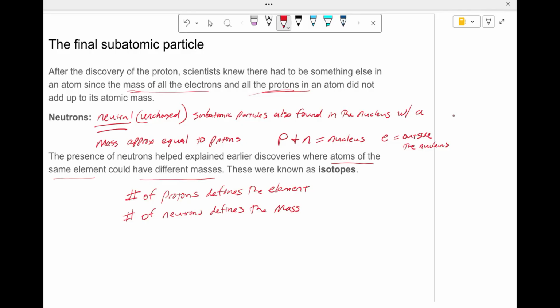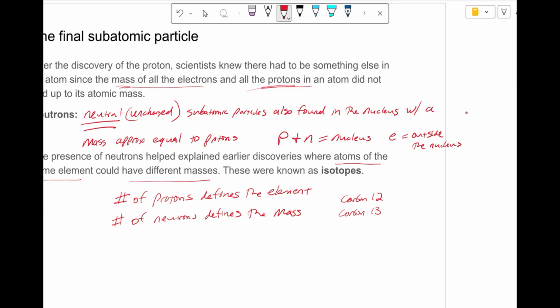Most of the carbon that exists, we call it carbon 12. There's a very small amount of carbon that's called carbon 13. And the difference between carbon 12 and carbon 13 is one neutron.